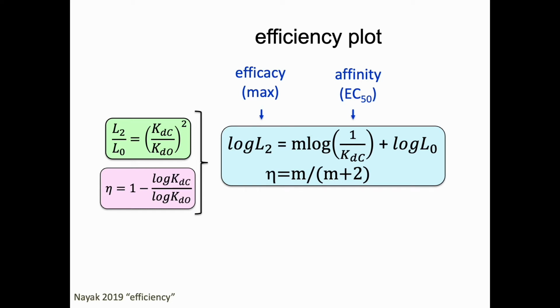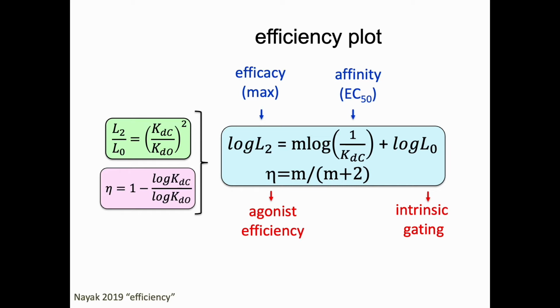And from the EC50 and the L2 value, you calculate affinity, the KDC. So the inputs are simply max and EC50, and the outputs are these very interesting parameters, agonist efficiency and intrinsic gating. And as I said earlier, intrinsic gating is the same for all agonists.